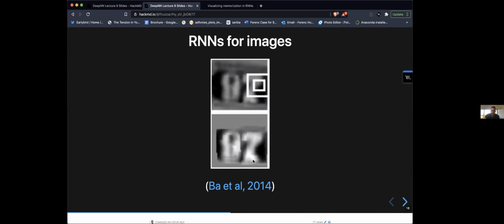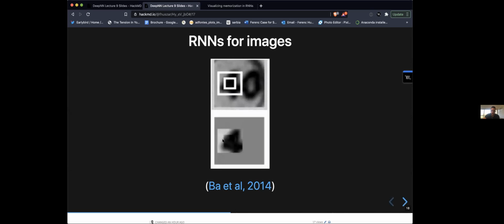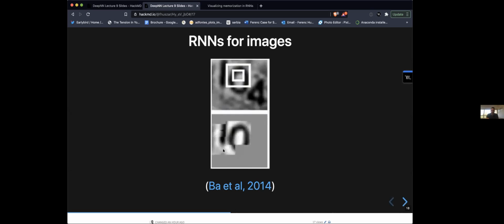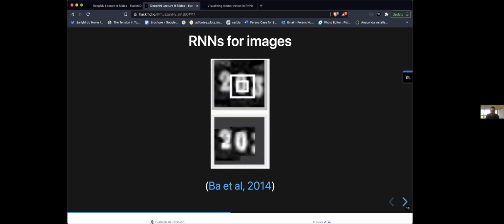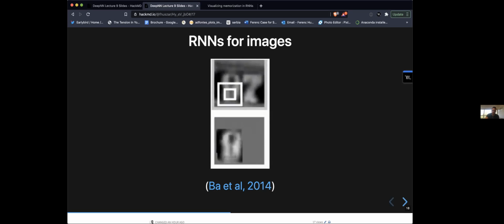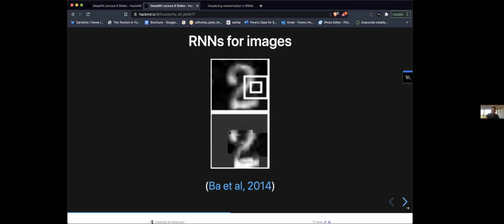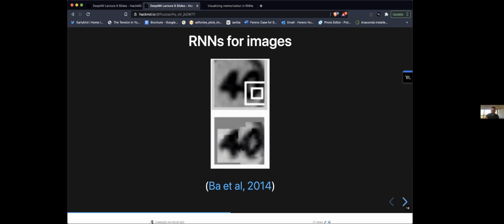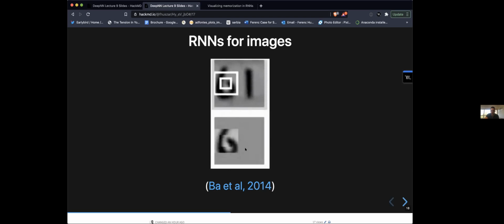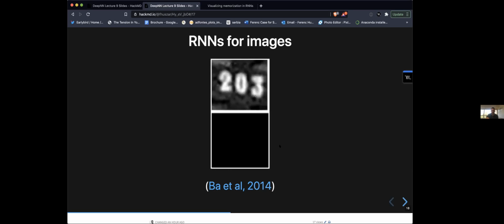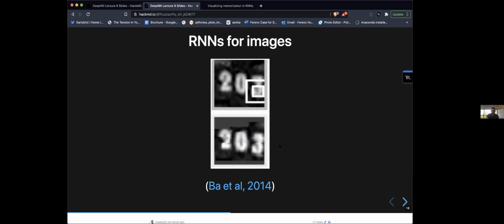At the bottom of the picture, you can see a similar type of network that was trained to generate images. So here, instead of just shifting your attention from one part of the image to another part of the image, it's actually shifting this cursor around, and it draws little parts of an image as it does so, and then it jumps to a different part until the image is generated.